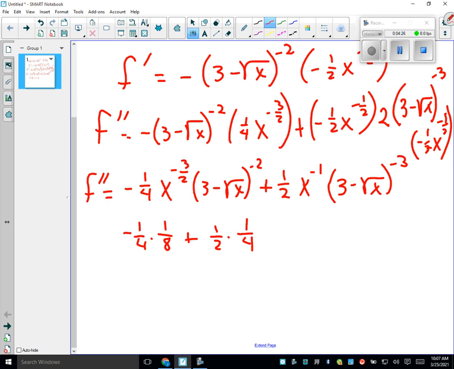It's 1/8. Isn't this negative 1/32 plus 1/8, which is negative 1/32 plus 4/32?